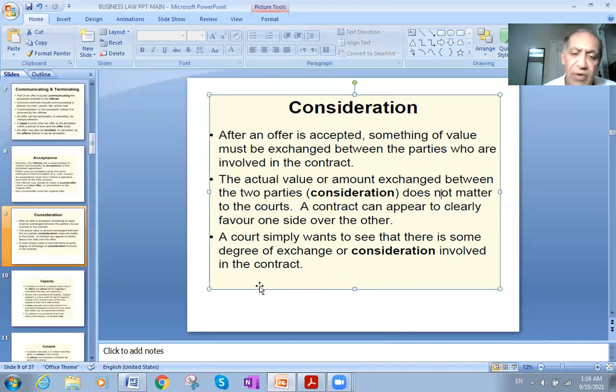A court simply wants to see that there is some degree of exchange or consideration involved in this contract. So we can say that the consideration is the article of the exchange between the seller and the buyer. Perfect. That's very nice.